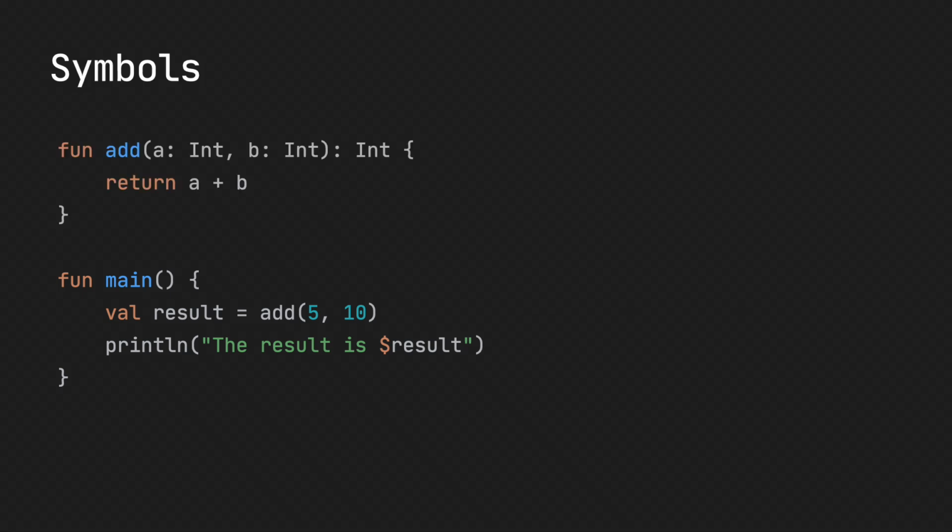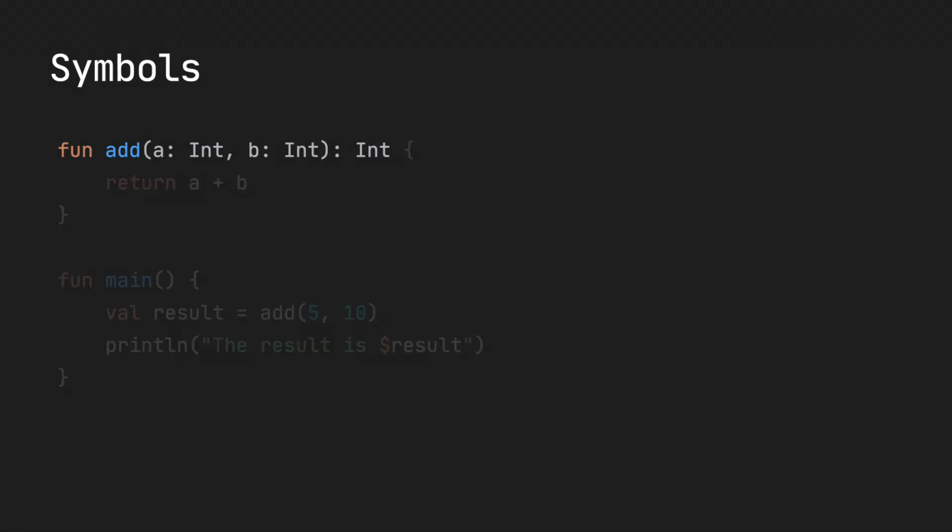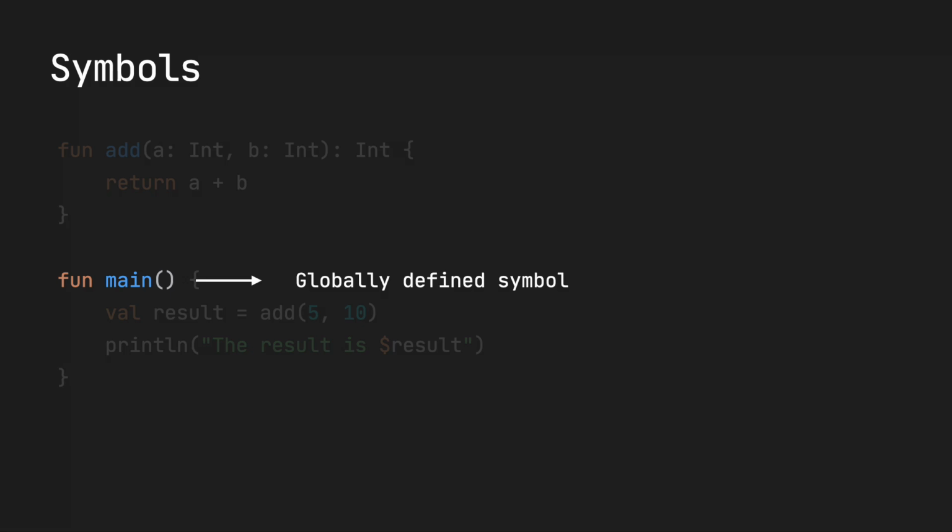So the next thing, which is really, really important that the Analysis API gives me, are symbols. And these are symbols for each of the elements here. So I could get a symbol, for example, for this function, which is globally defined symbol. And then I also have here another globally defined symbol, which is main.